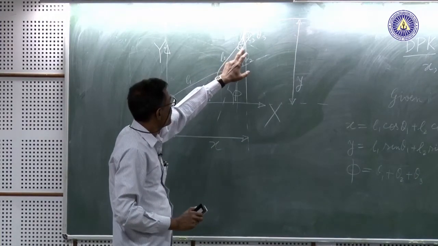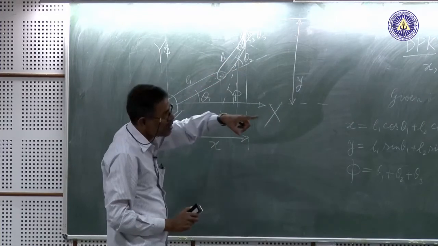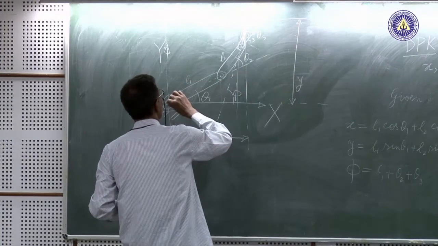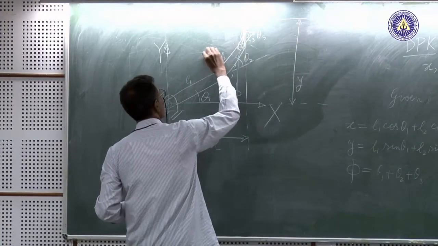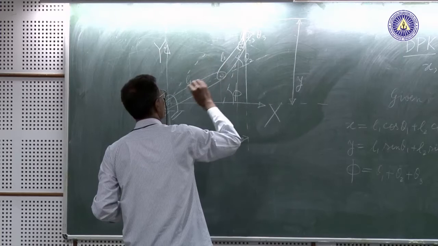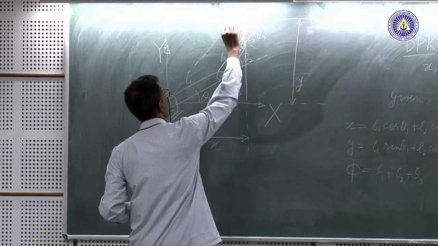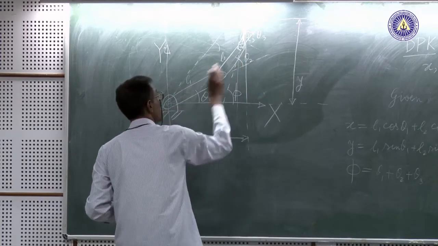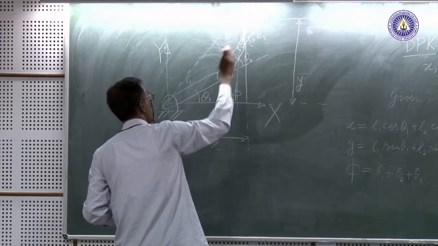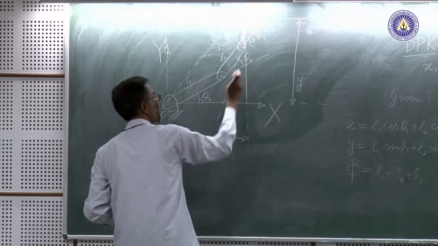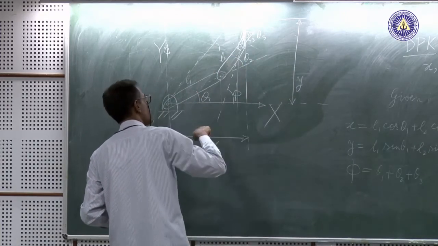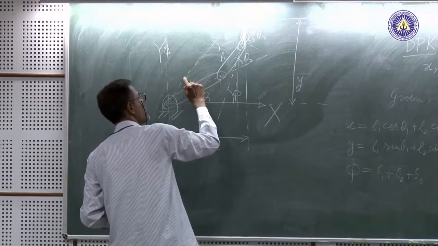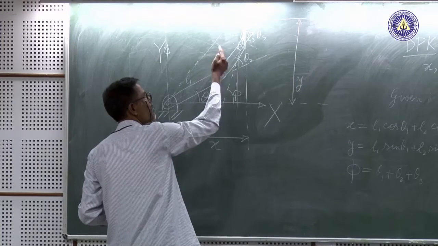Now, we are telling that we are getting two possible values of theta 2. If one of them is 22 degrees, then the other is minus 22 degrees. So, compared to this position, this is clockwise 22, this is anti-clockwise 22. So, if it can be positioned here by this value of theta 1 and this value of theta 2, then it is also possible to position it at the same place with a much larger value of theta 1 and theta 2 negative value.